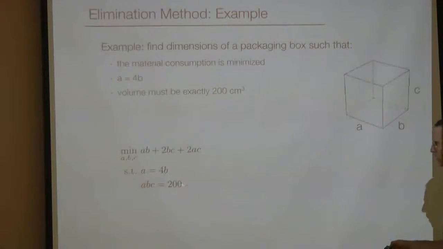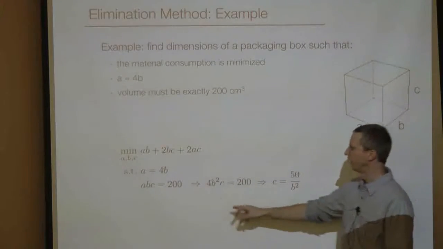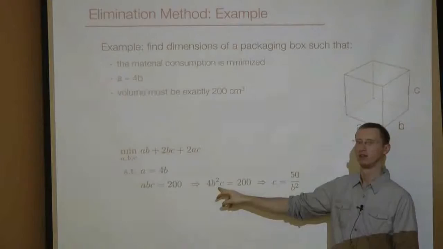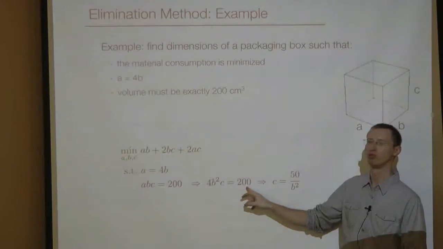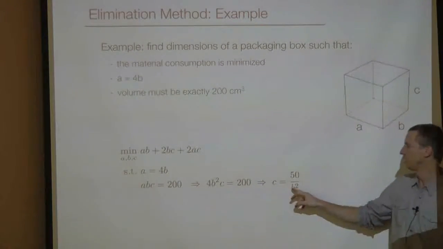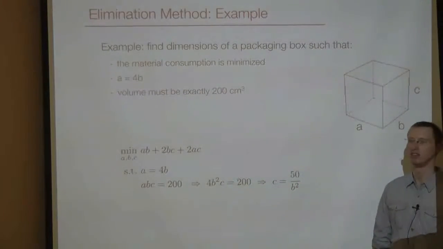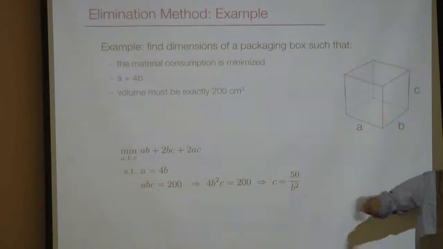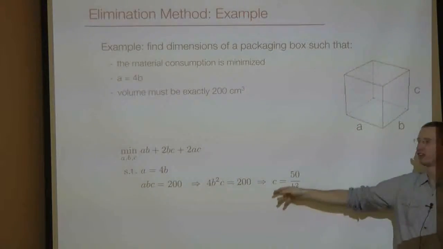And what about this one here? So essentially, again, A is 4B. So A times B would be 4 times B squared. Times C, that must be equal to 200. And from here we can, for instance, represent C. We could represent B, but we would have a square root, and that's not so nice. So why not express C?